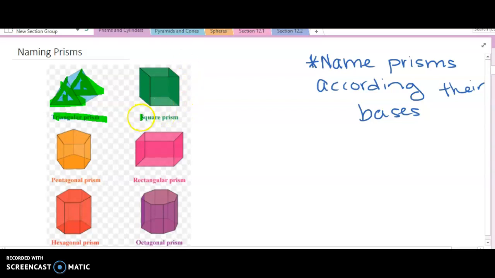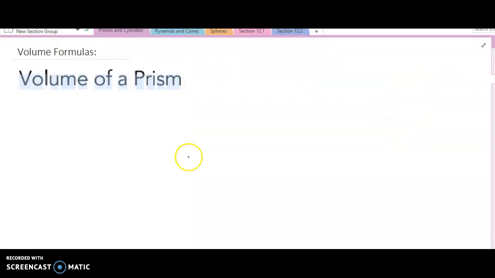Okay, this green one here is a square prism. This one here, 1, 2, 3, 4, 5, the base has 5 sides, so it's a pentagonal prism. Okay, rectangular prism, hexagonal prism, octagonal prism, and it goes on and on. But we always name prisms according to their bases.